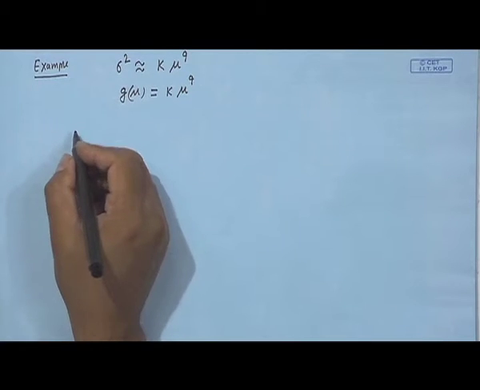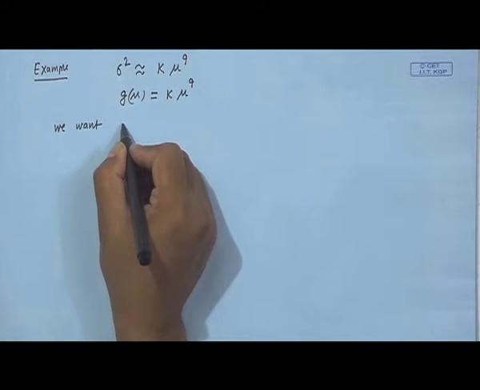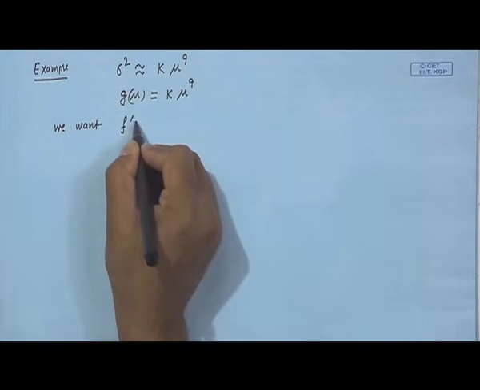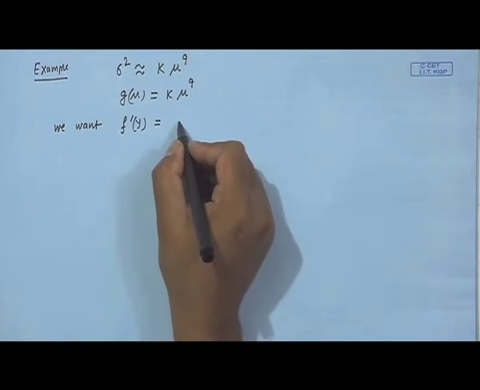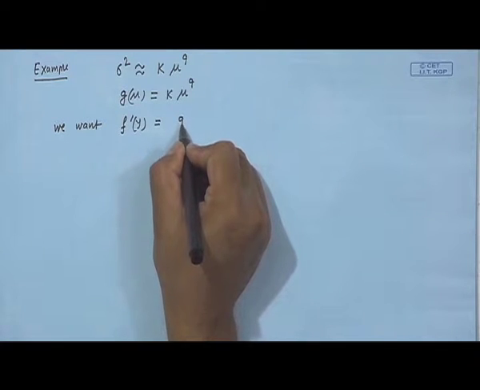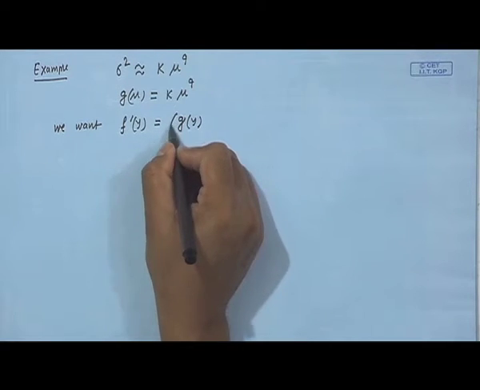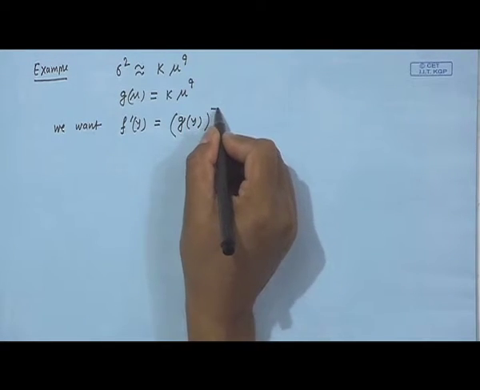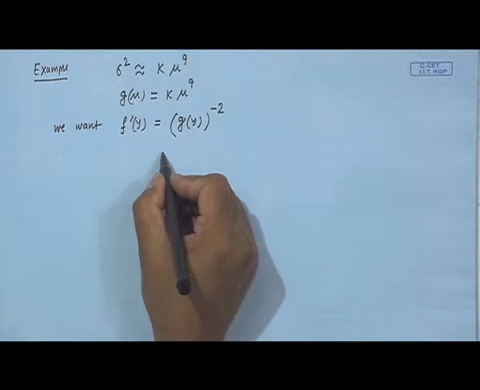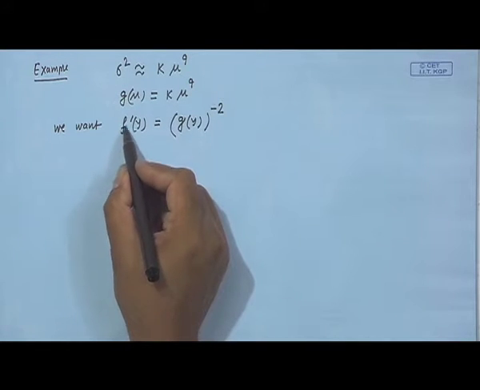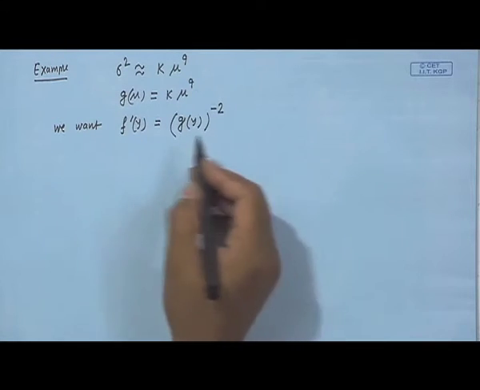And what we want is f prime(y) equal to g(y) to the power of minus half. So, you are looking for a function f, or transformation on y, such that this is true.